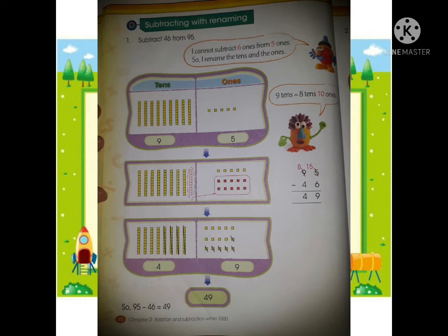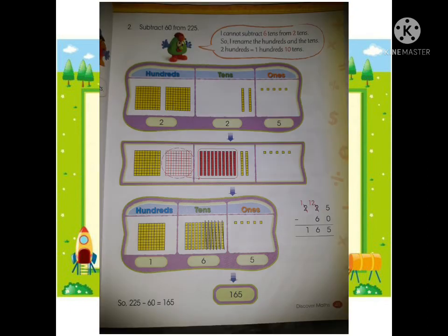Next we subtract the tens. 8 tens minus 4 tens equals 4 tens. There are 49 left. So 95 minus 46 equals 49, right?